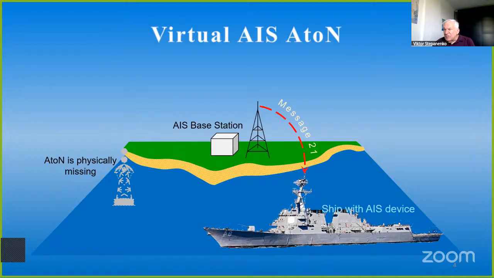Its additional advantage is the ability to quickly deploy a virtual AIS AtoN to indicate emergency situations or temporary navigational hazards. This allows significantly increasing navigational safety by timely notification of navigators.